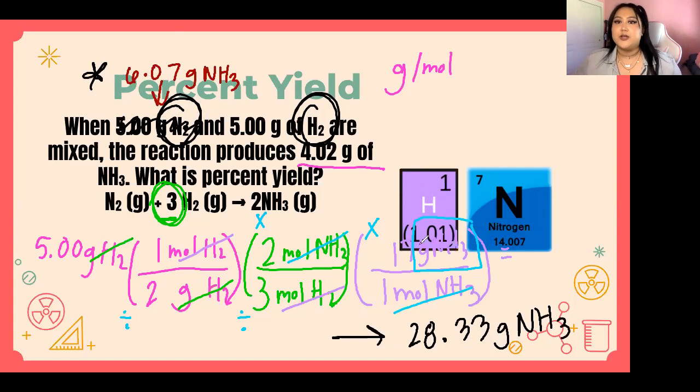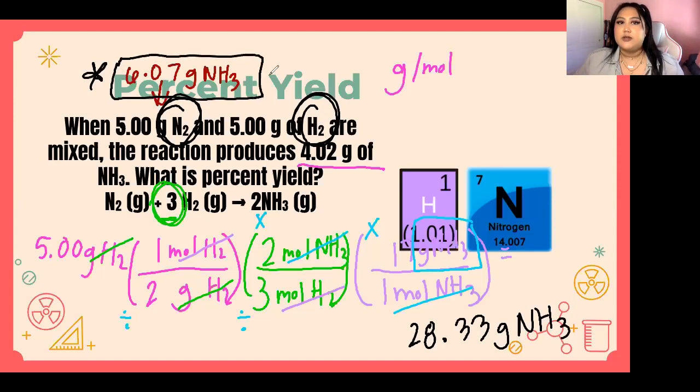So the amount of N2 is what is stopping us from producing even more. So since we already solved for the grams of NH3, this is our theoretical. We are now able to move on to the percent yield formula.